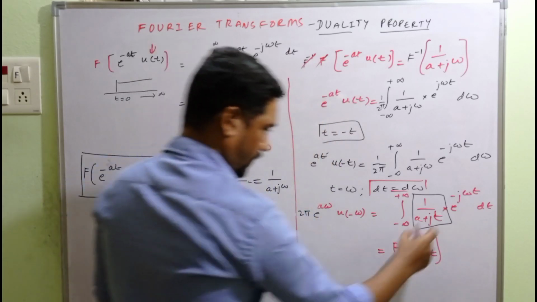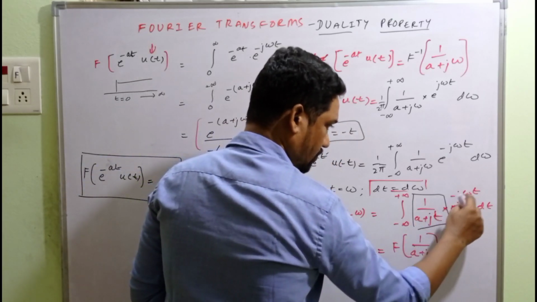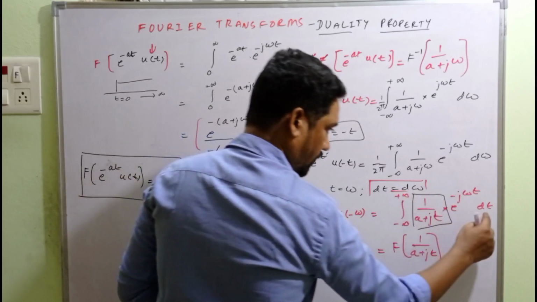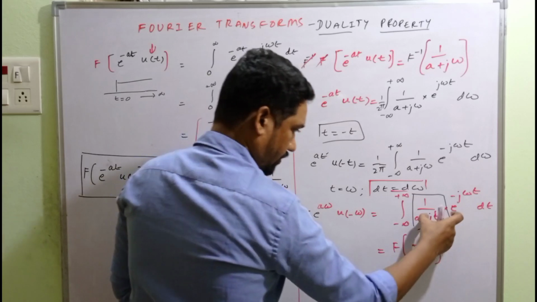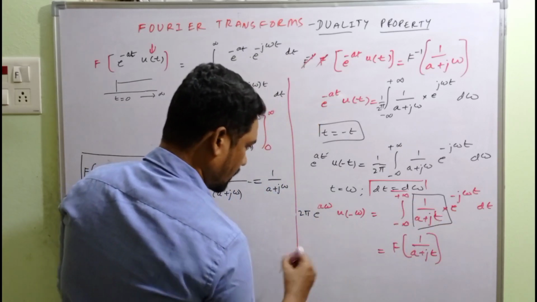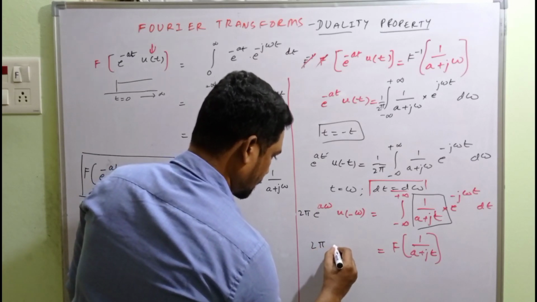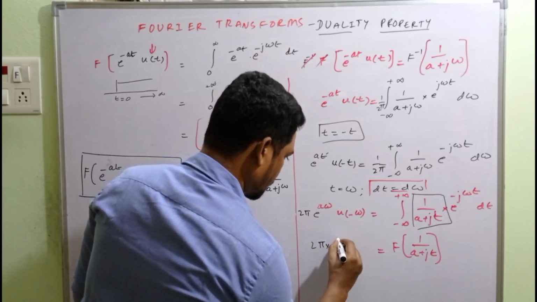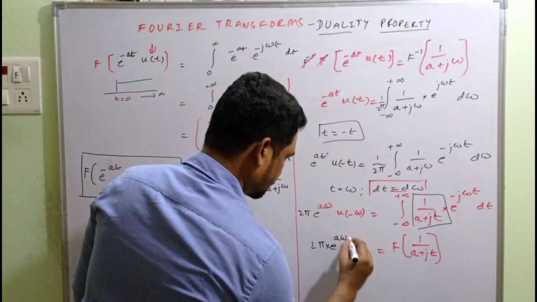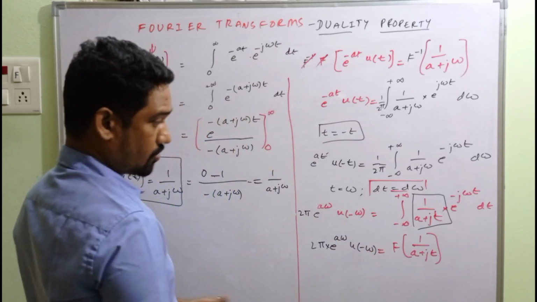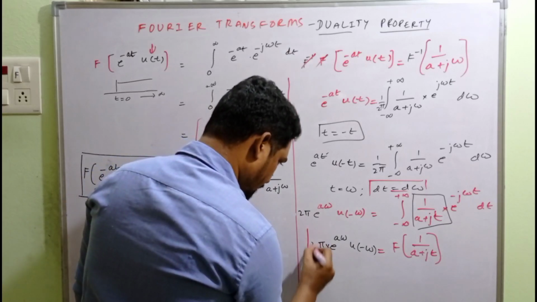This function is multiplied with e raised to minus j omega t and integrated from negative infinity to positive infinity with respect to t, and that will give us the Fourier transform of this function, which is equal to 2 pi e raised to a omega u of minus omega.